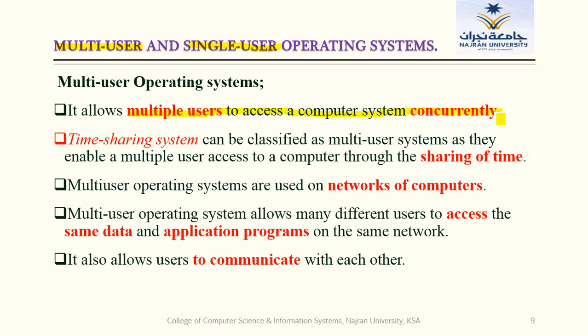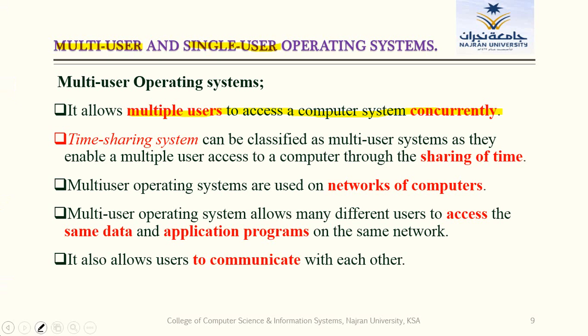For example, time sharing systems are classified as multi-user operating systems as they enable multiple users to access a computer through sharing of time. So what is actually behind it is sharing of time. Time is shared among the different users, and it is at very high speed, so we are not able to see it, because switching is at too much speed.